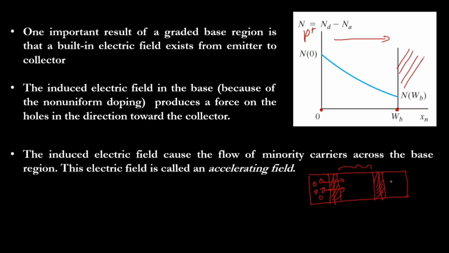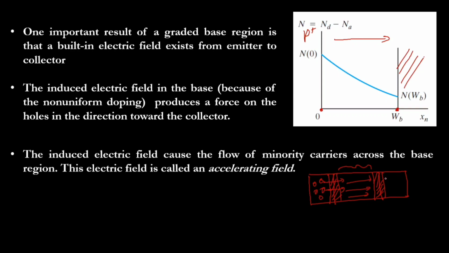And now according to this theory, there is another electric field in the same direction as the previous electric field, which is in the transition region, that actually takes the holes from emitter to collector very fast.